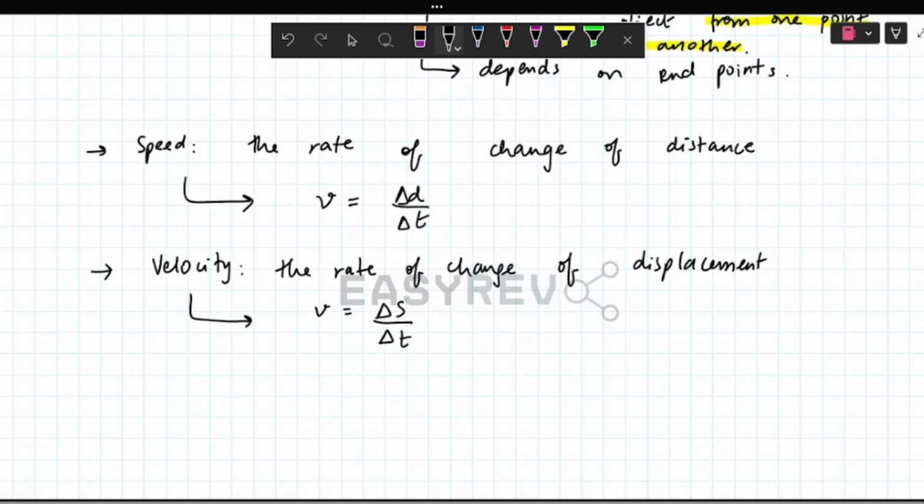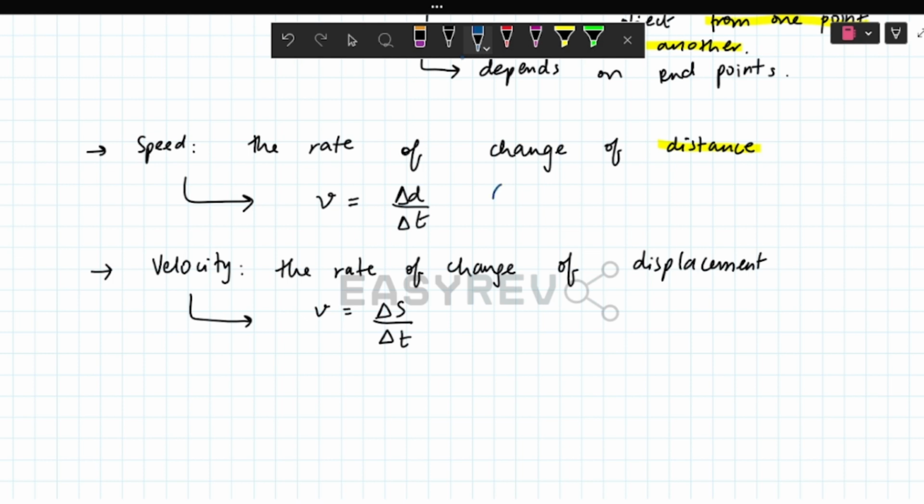Now, here it must be highlighted that speed is a quantity that depends on distance, and since distance is a scalar, it makes sense to define speed as a scalar itself. On the other hand, velocity is a quantity that just so happens to depend on displacement. In that scenario, velocity just so happens to be a vector quantity.